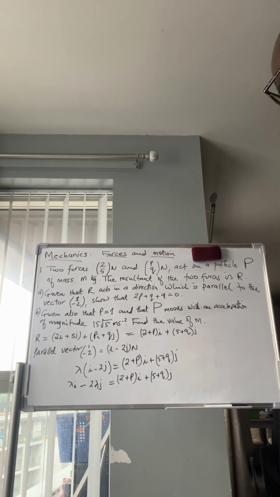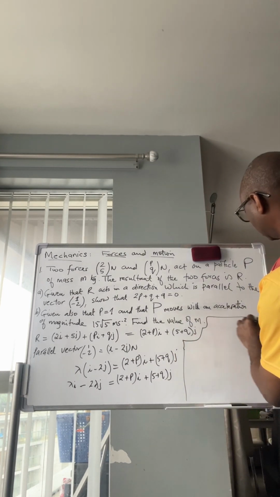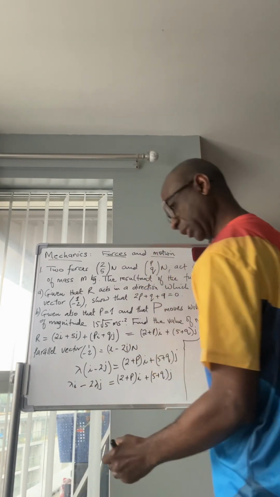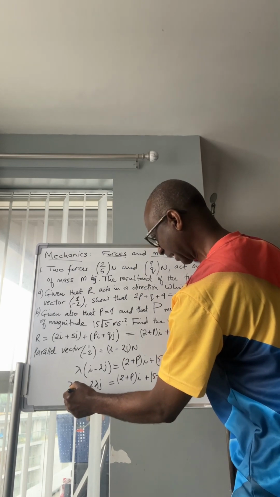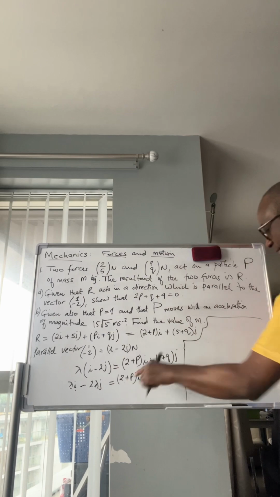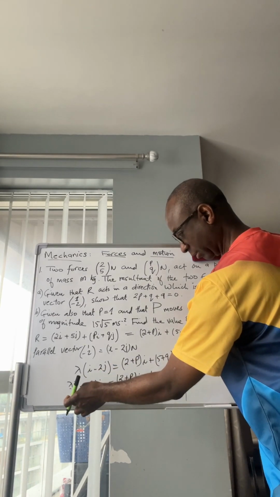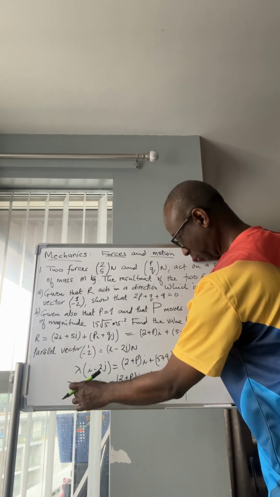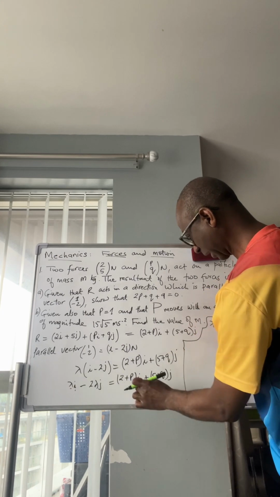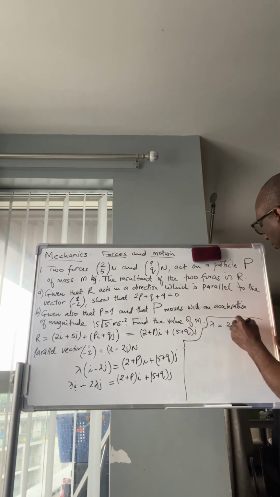So again, I'm using this side. Because it's a unit vector, we now have lambda i must be equal to 2 plus p i. So now lambda, we ignore the i's, yeah? We don't write them. So we say lambda must be equal to this, because this is the i component, they must be the same. So lambda must be equal to 2 plus p.